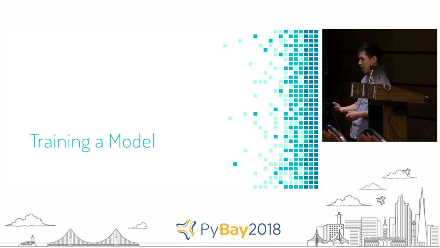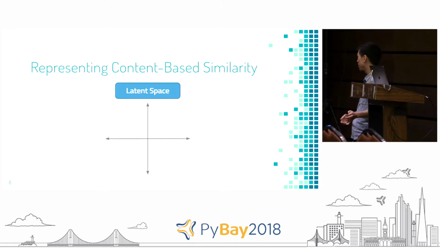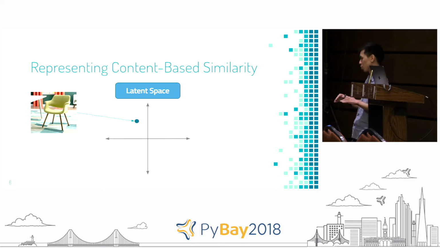So let's start with how we're going to train a model. We need a way to represent something as abstract as content-based similarity. We're going to do this with something that we call a latent space. In this space, we want to be able to take any image and represent it as a point or a vector, or we call it a latent embedding.